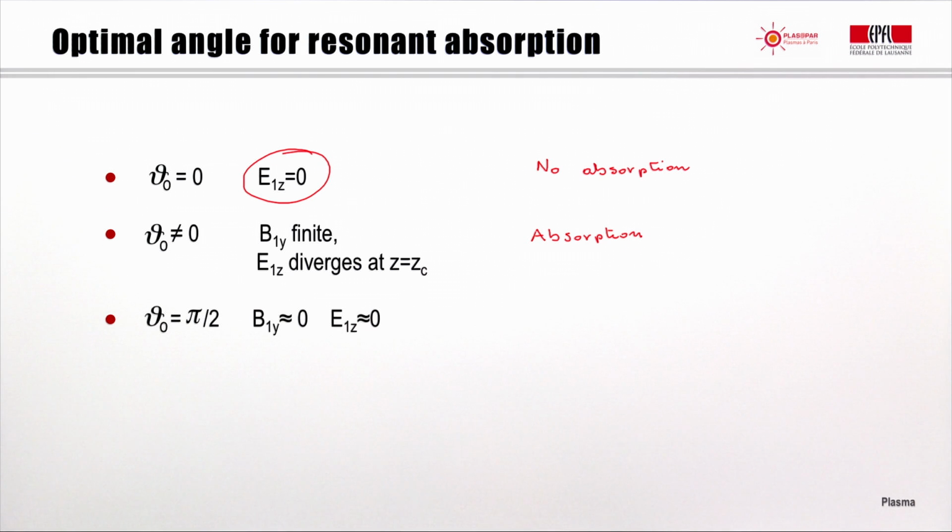If the incidence angle is very large, and in the limiting case, if θ0 is equal to π/2, the turning point is very close to the plasma entrance in the low density region. Since the fields are evanescent after the turning point, in this case, when they reach the critical density, they will be almost 0.